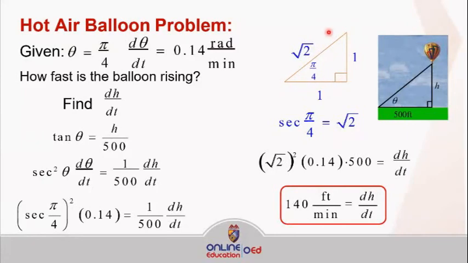So, kaya nakuha lang din naman yung value niya is gamit lang din ng Pythagorean theorem natin, which is given na naman din yung 1 natin, which is yung height natin. Again, itong 1 na to is itong value din naman. So, after nun, we have the square root of 2 squared times the 0.14 times the 500 para makuha natin yung dh over the dt natin. Or we have the value of 140 feet per minute.